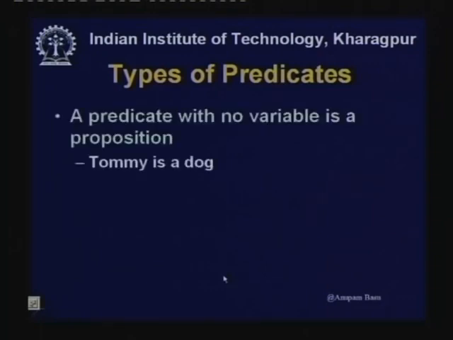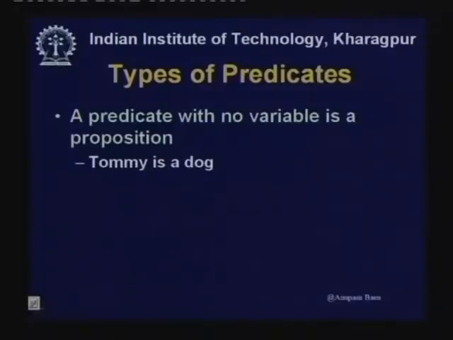Now, let us see the different types of predicates. The simplest predicate is a predicate with no variable. If we have no variable, then I get what we had done earlier, that is a proposition. So, Tommy is a dog is a proposition, we know that, and this is also a predicate. So, predicate is more general.